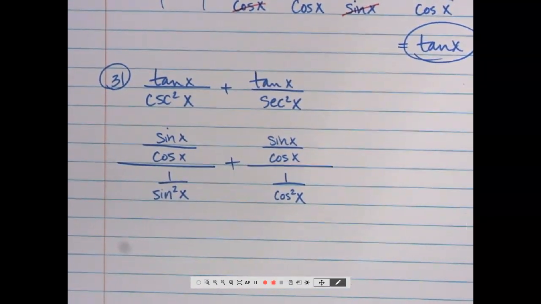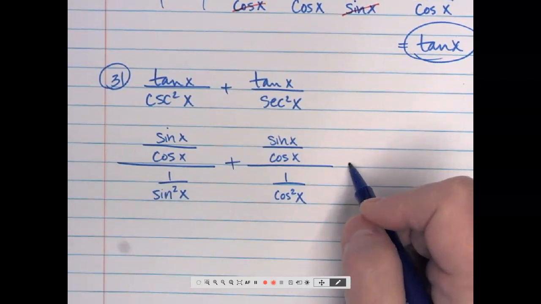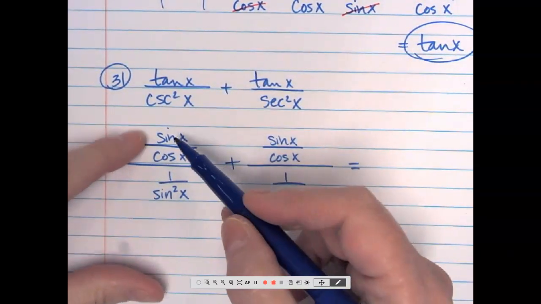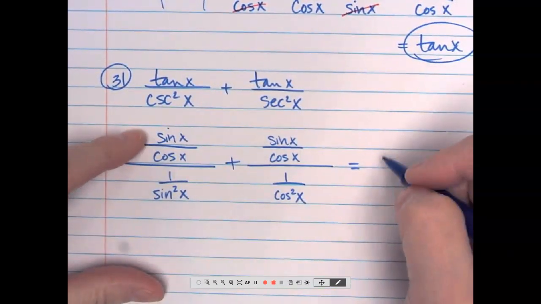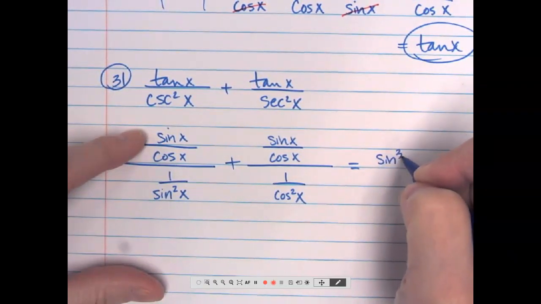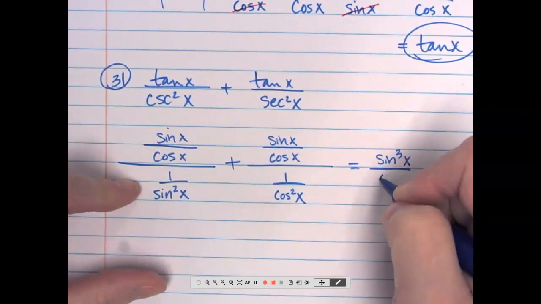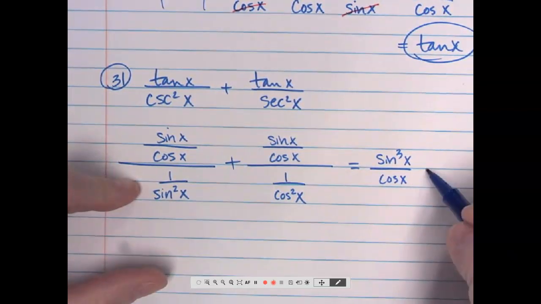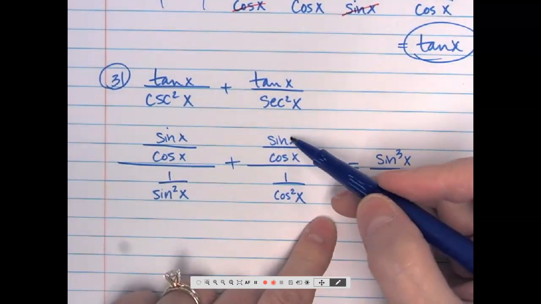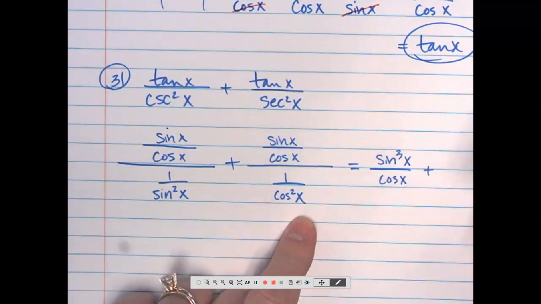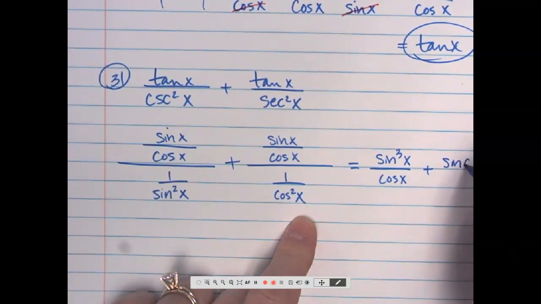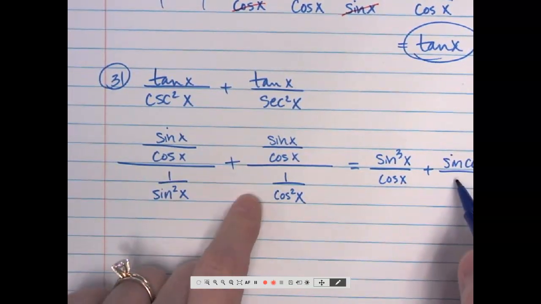Okay, so we'll need to do a little keep, change, flip, simplifying here. Okay, so sine times sine squared, that ends up being sine cubed over cosine, plus sine times cosine squared over cosine.